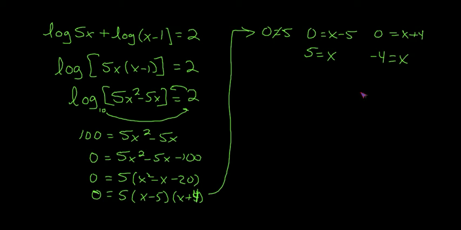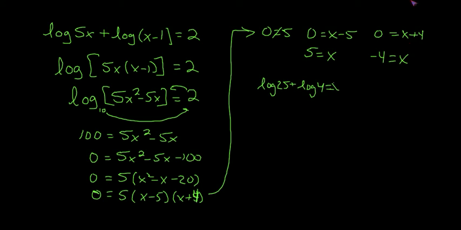And those are my two possible solutions. Now we're going to go and check them again. So if I put 5 over here, I'm going to get log of 25 plus, put 5 here, 5 minus 1 is 4, so log of 4, that all equals 2, at least we're hoping it's going to equal 2.